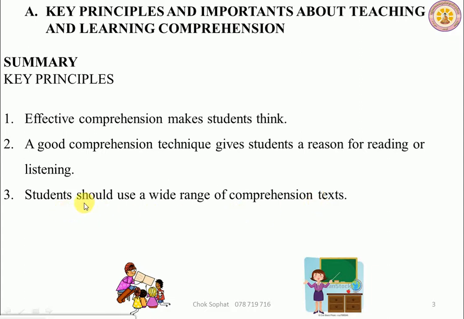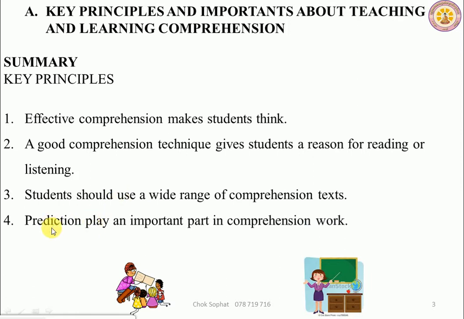Number 4, prediction plays an important part in comprehension work. So this is also important. Prediction is very important for a student to take part in the reading or listening.